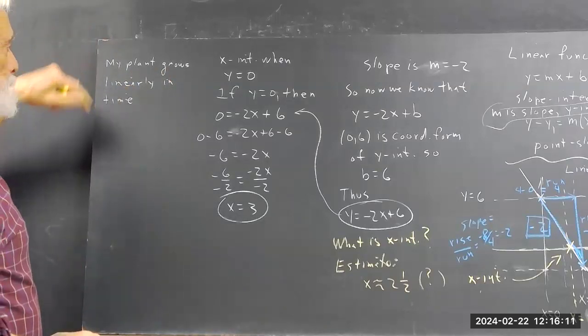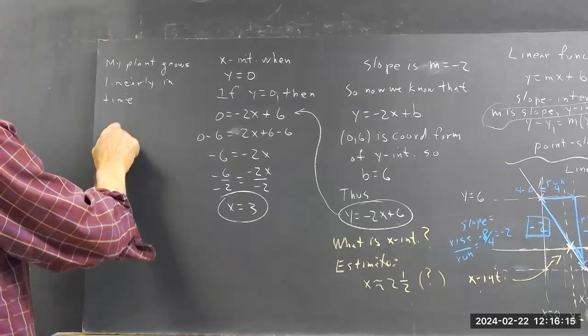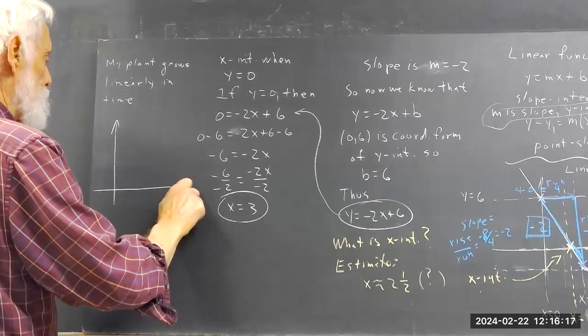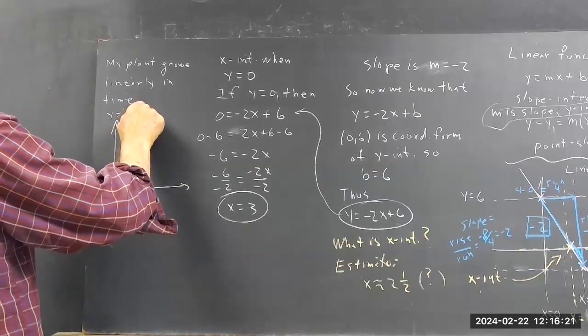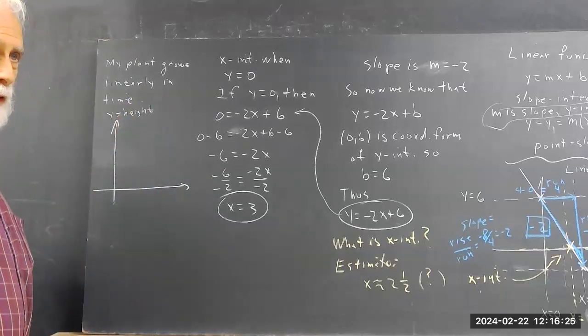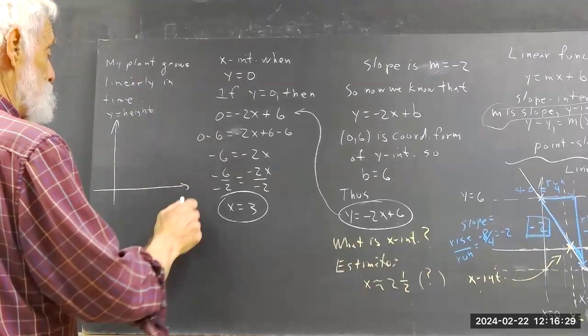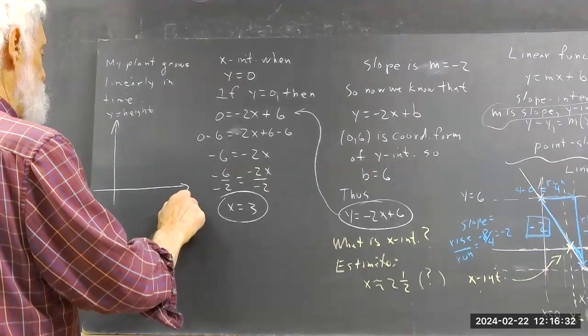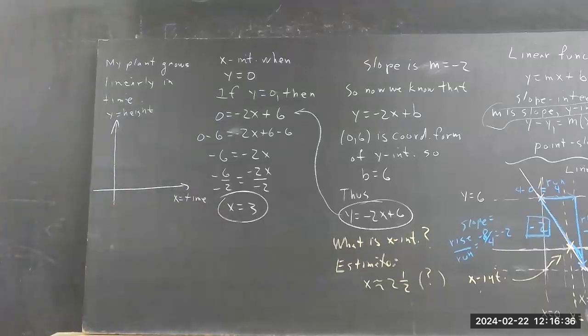A plant grows linearly in time. I can immediately say, okay, that means I've got y equals the height of the plant, if that's what we mean by grows. Okay, not the weight, the height. But maybe we mean the weight, and we say it more specifically: x equals time.